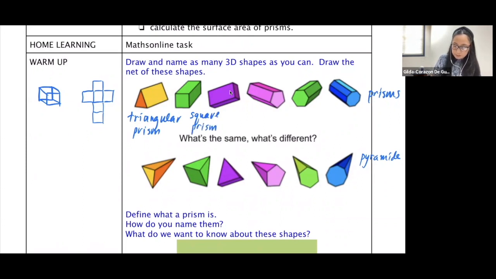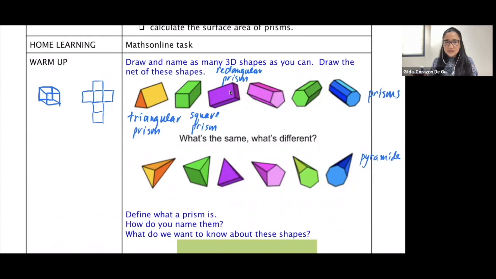The purple one is what we call a rectangular prism, etc., etc. So because the cross section here is a pentagon, then you would say that this one here is a pentagonal prism. This one is a hexagonal prism. And how many sides would this be? You've got 1, 2, 3, 4, 5, 6, 7, 8. It's an octagonal prism, right?